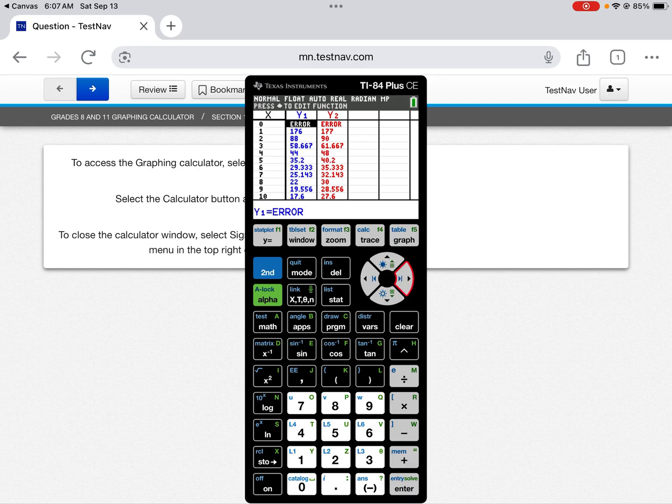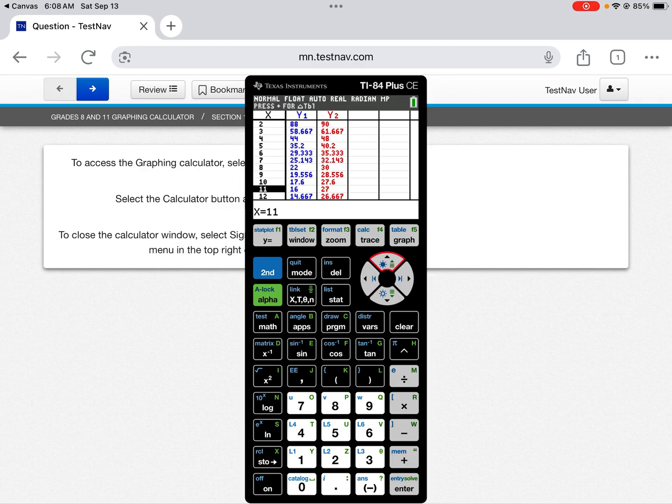And the black and blue are the factors. You see, 1 times 176 gets you 176, yes? And 4 times 44 gets you 176. And 8 times 22 gets you 176.